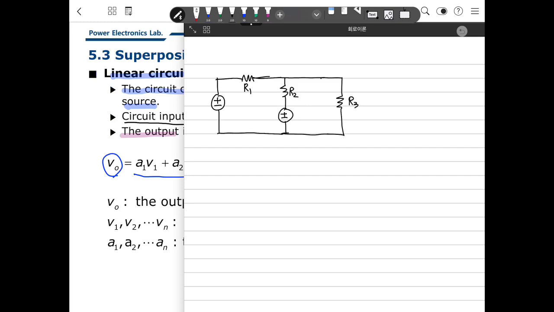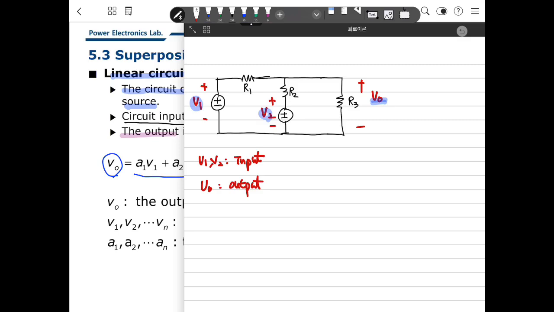And here I decide to choose this value over here as VO, and this is V1, and this is V2. So VO is determined by V1 and V2. Then we can say V1 and V2 will be inputs, and V out will be output.